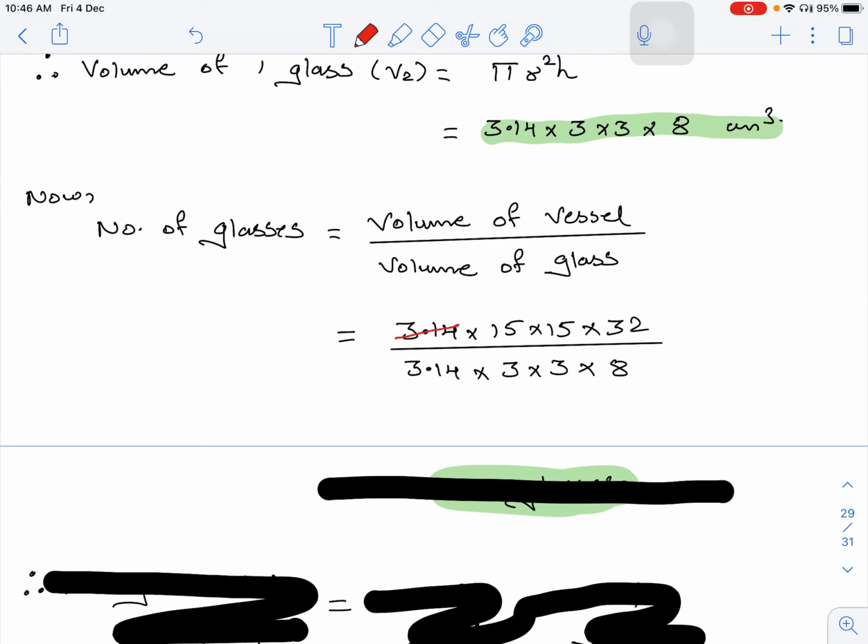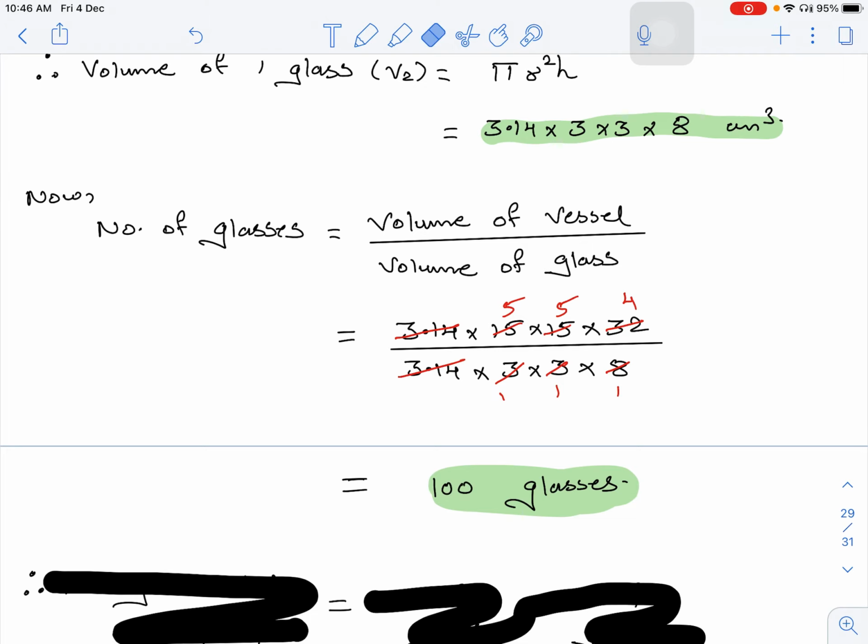This 3.14 will get cancelled, then 3 ones are 3, 3 fives are 15, again 3 ones are 3, 3 fives are 15, and 8 ones are 8, 8 fours are 32. So 5 fives are 25, 25 fours are 100. So how many glasses can be filled from that bigger container? 100 glasses can be filled.